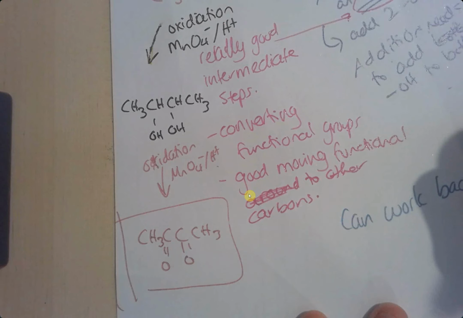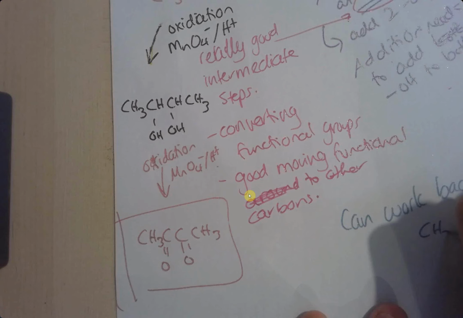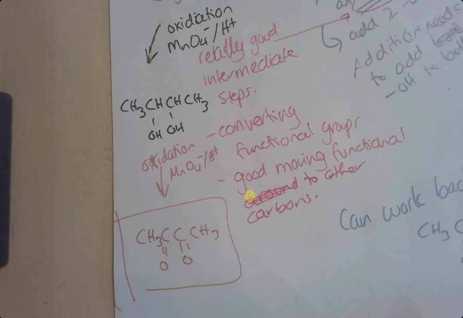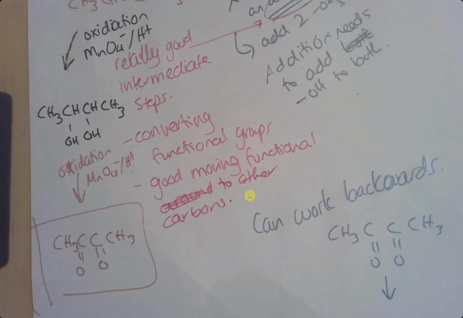I mean, one of the main key things that you know going backwards is if I have a diketone and I want to think, how do I make it? Well, the first thing you need to do going backwards is I need a diol. Like, I can't form this without a diol.